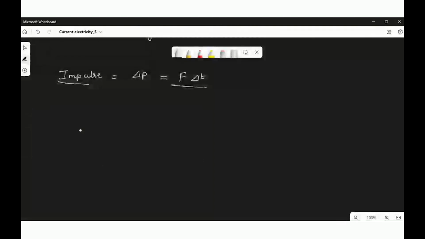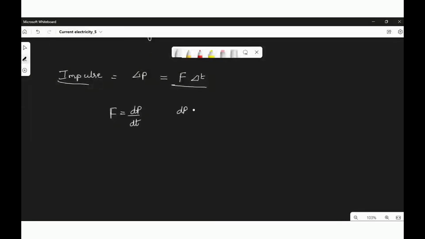Impulse can be defined as the product of force and the action time, which is mathematically equal to delta P, because we know that F is nothing but delta P by delta T, or let me write it as dP by dt. So F is equal to dP by dt.